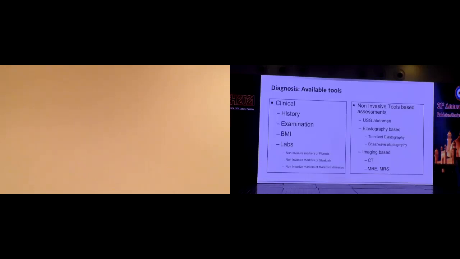But how commonly do we really need these? Very, very occasionally, maybe in those cases where we have to make a very fine decision, like in potential donors for liver transplant, where we need CT or MRE or MRS. Otherwise, in 99.9% of cases, we don't really need advanced imaging modalities like these.